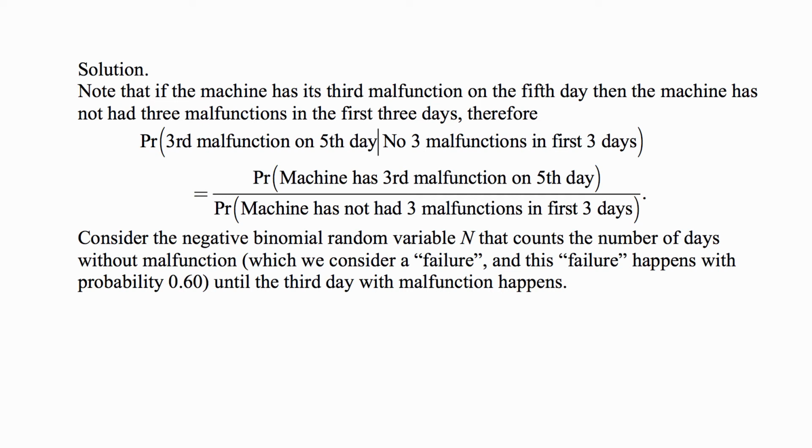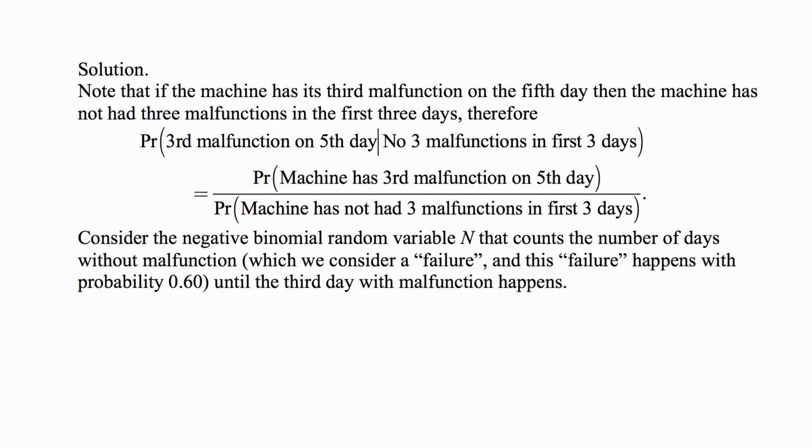So then the conditional probability formula gives us that this is equal to the probability that the machine has its third malfunction on the fifth day, divided by the probability that the machine has not had three malfunctions in the first 3 days.